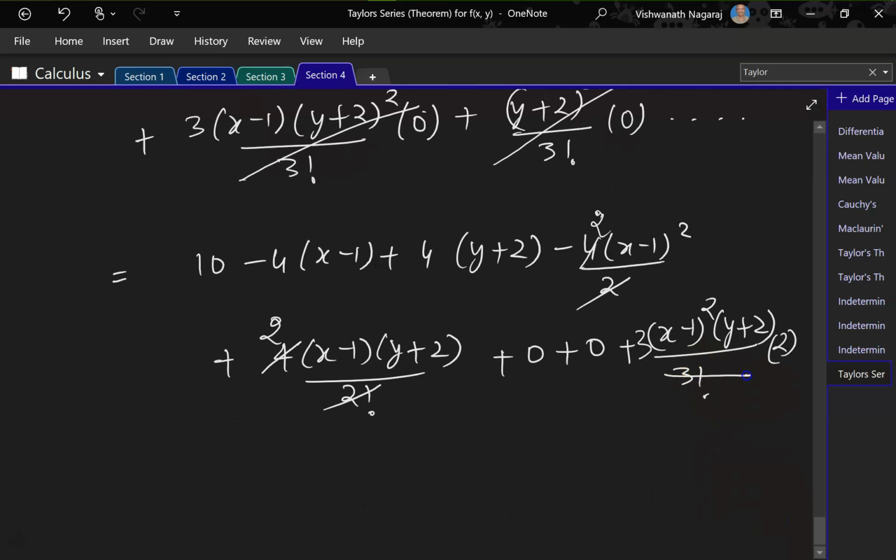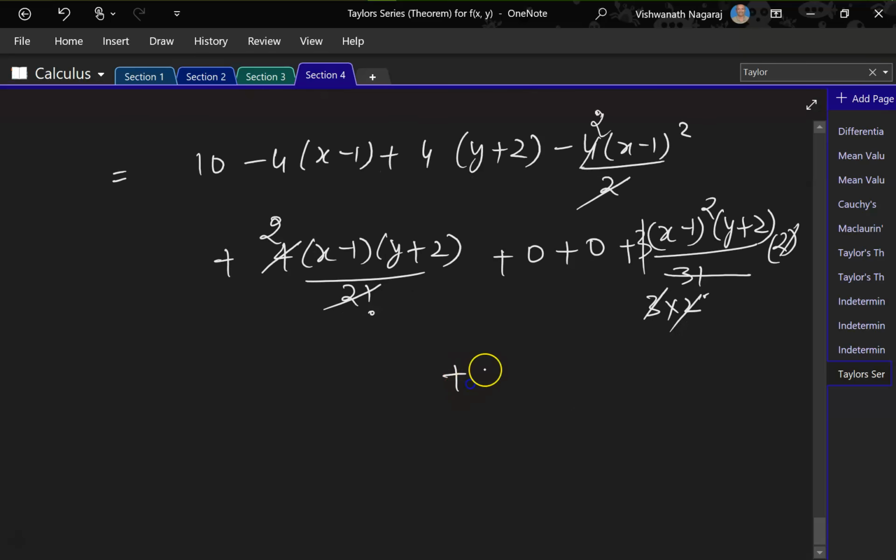So here 3 factorial is 3 times 2, so this 3 and this 3 cancel, this 2 and this 2 cancel, plus 0 plus 0.